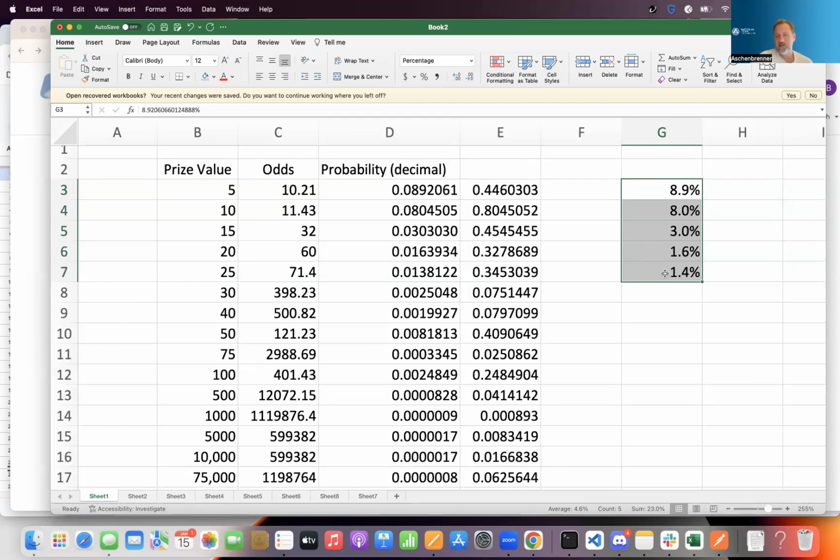So basically, mathematically, what I can do is multiply the value times the probability of it happening, and that gives me an amount of money. These are money figures here. And then I can add up all of that, and I can figure out what is the expected value of a single ticket. And of course, this number is a combination of all of the tickets at once.